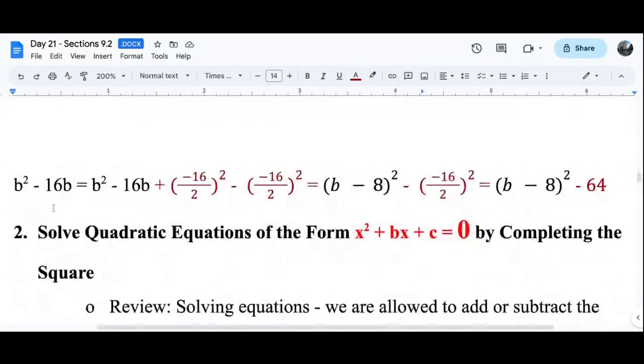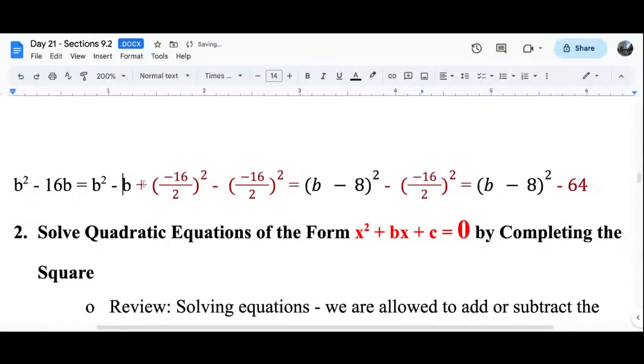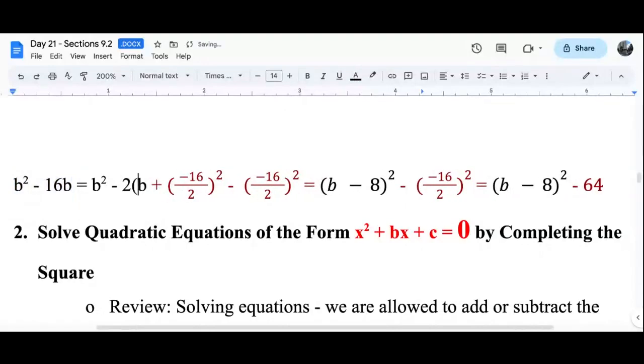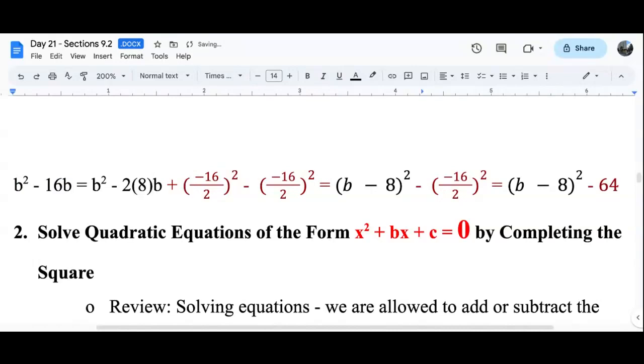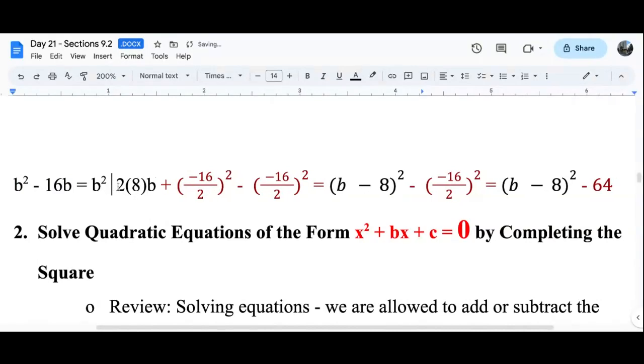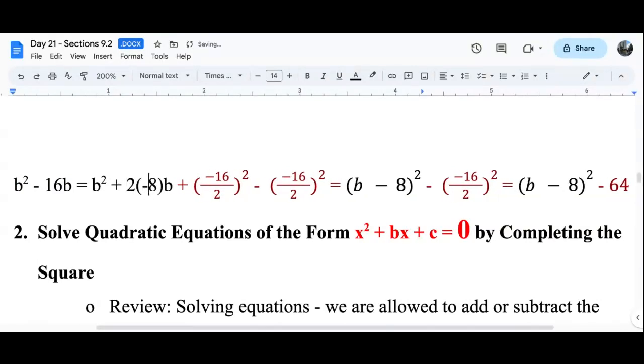Let's see this example: b squared minus 16b. Well, 16 can be written as 2 times 8, right? If you want to write a negative number, we change this one to be plus. So that means the number is negative 8. The second term is negative b. So negative 16 divided by 2, that's negative 8.